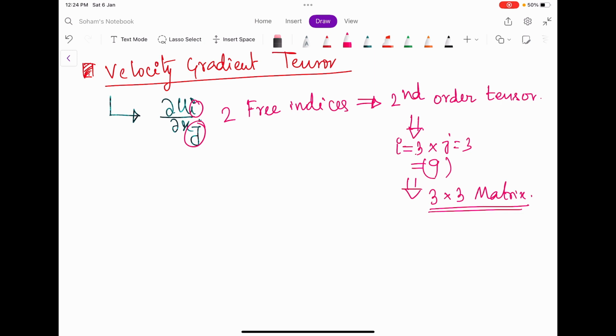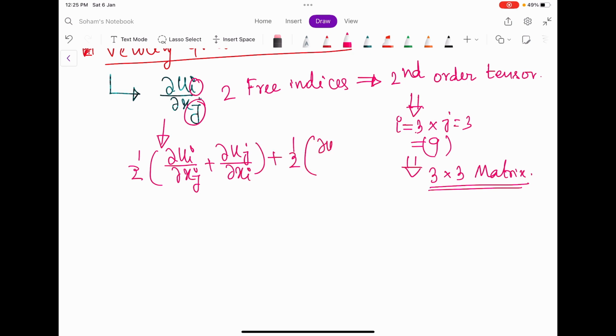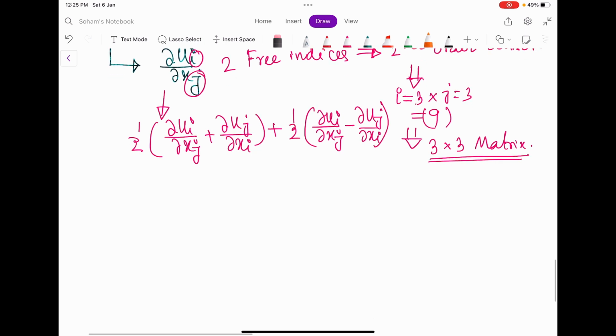This matrix can be written as half into (del u_i by del x_j plus del u_j by del x_i) plus half into (del u_i by del x_j minus del u_j by del x_i).